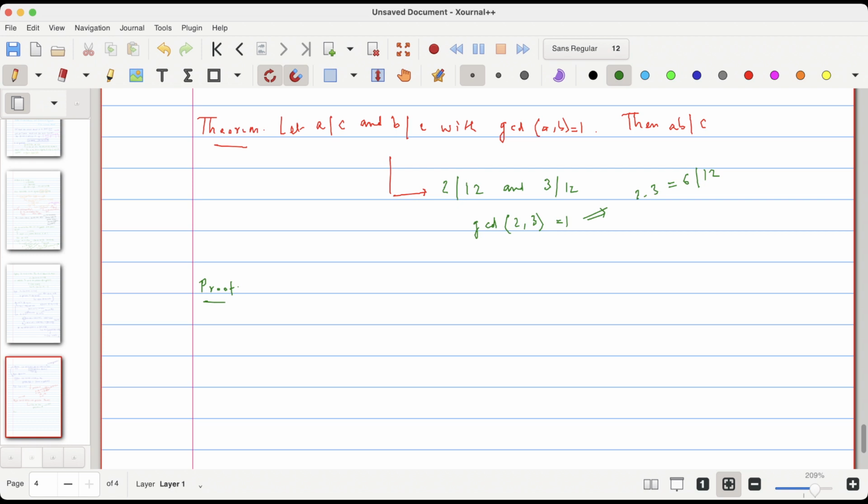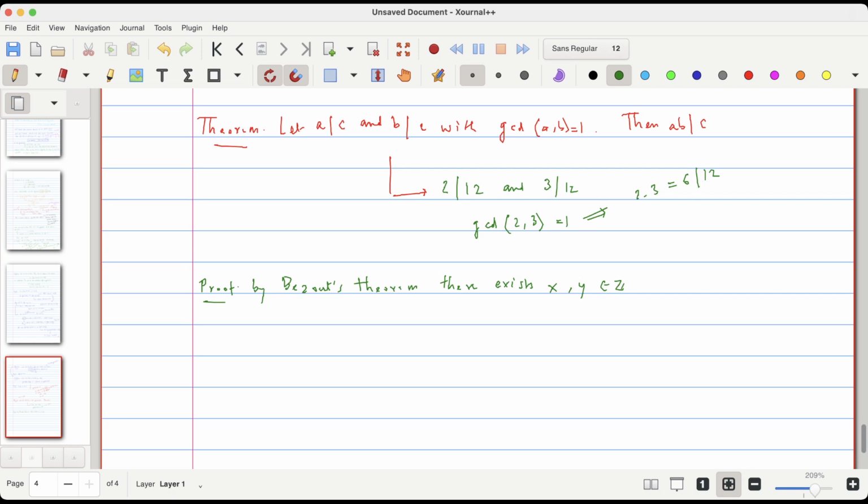What does that mean? With GCD of A and B being 1, by Bezout's theorem, there exist x, y integers.